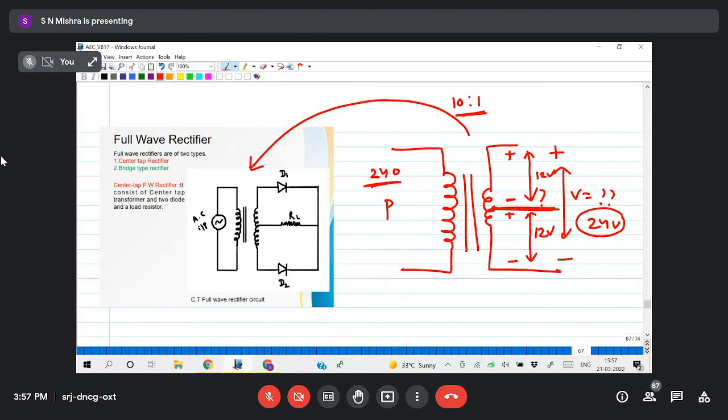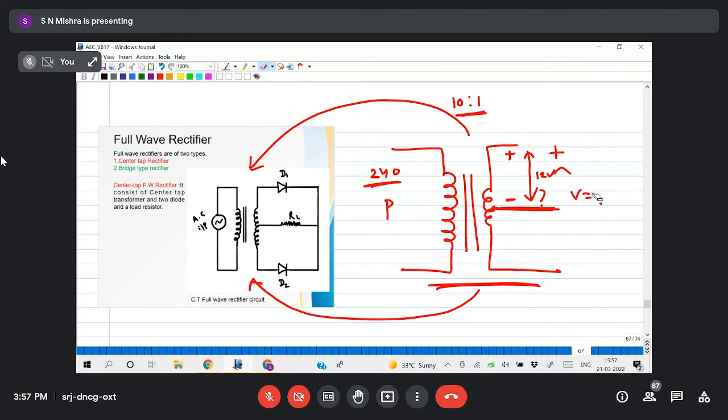So that's why this transformer is called a center tap transformer, and this transformer is used in this circuit. So it is called the center tap full wave rectifier circuit. So how is this circuit made? First you take a center tap transformer, and on the top side you connect a diode here, and on the bottom side another diode.